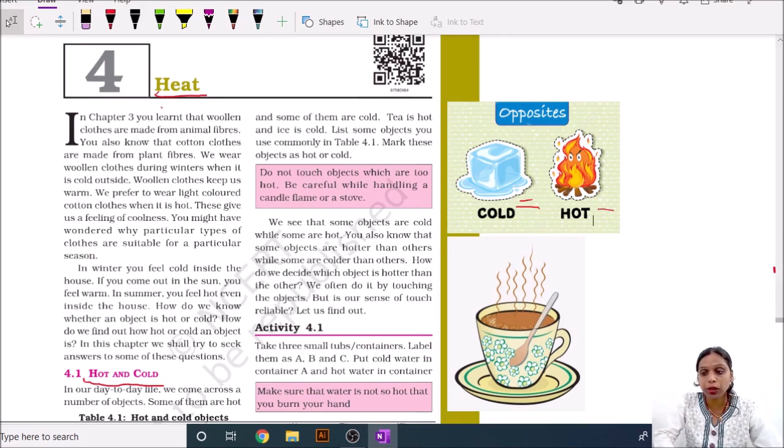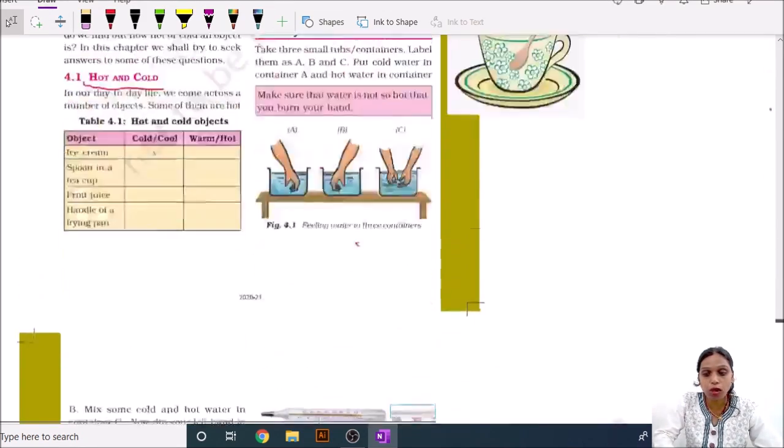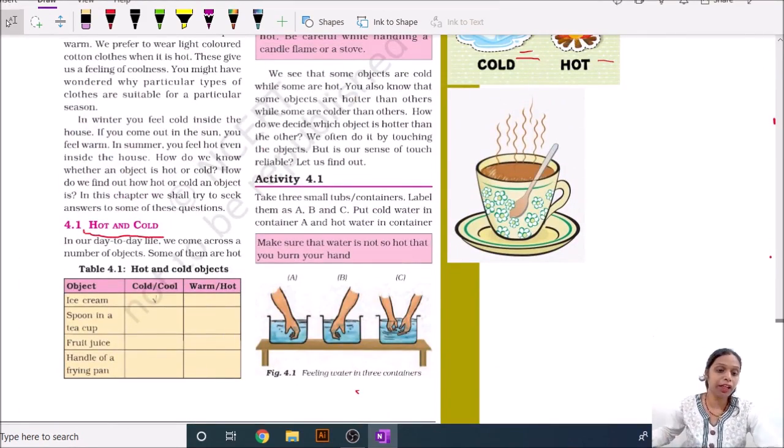Such as from this table you can see ice cream. How do you feel whenever you touch ice cream? You feel that it is cool. Whereas when you touch a spoon in a cup of tea, it is hot.